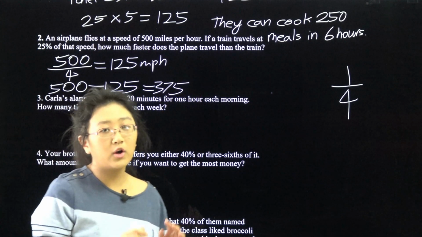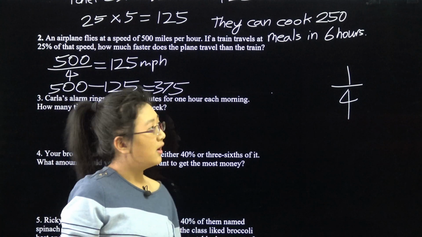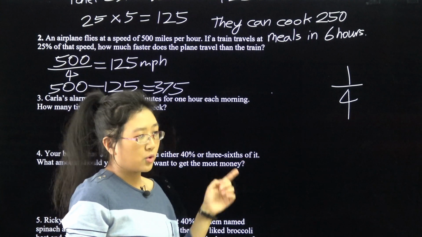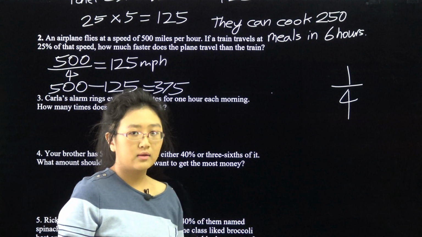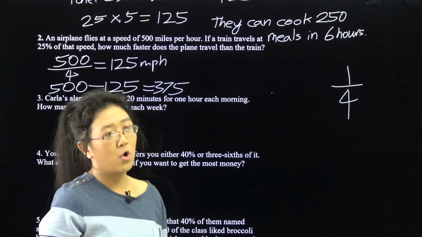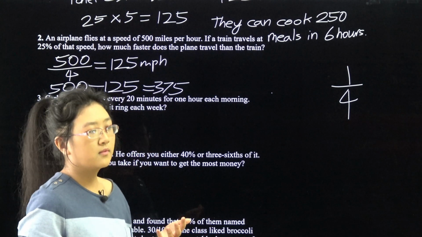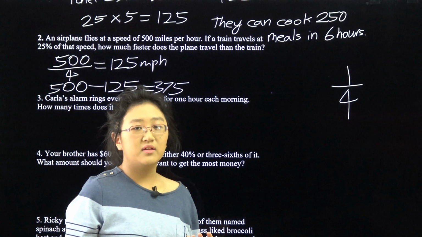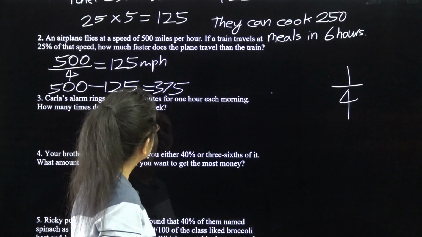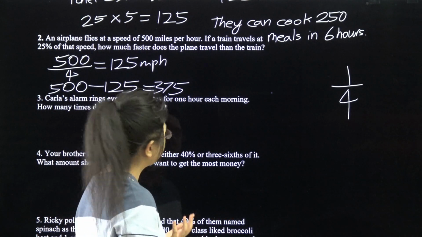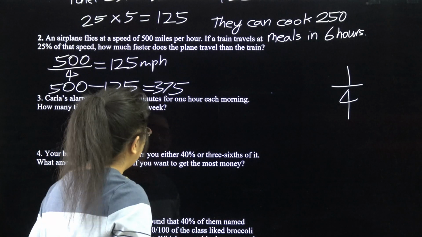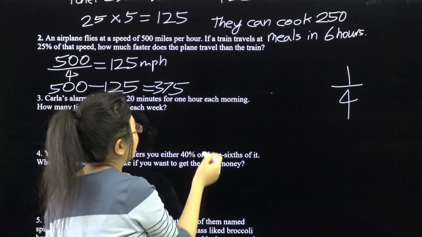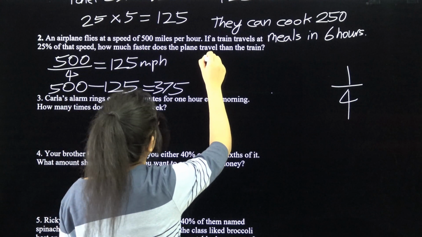Of course, you could always say that 1/4 plus 3/4 is a whole, so you could just say 500 times 3/4, but we already did it this way.